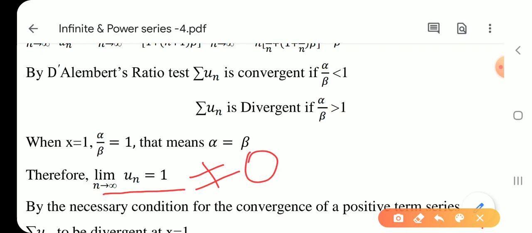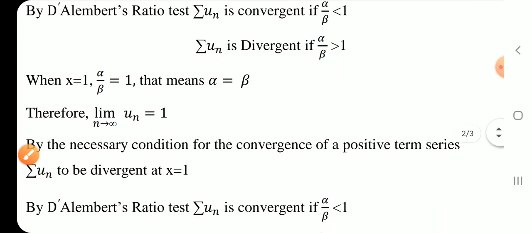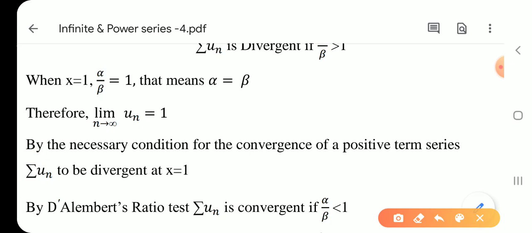Therefore, by the necessary condition of the convergence of positive series, if the limit of un as n tends to infinity is not 0, it is a divergent series. So in the two cases it is divergent. It is divergent when alpha by beta is greater than 1 and when alpha by beta is equal to 1.